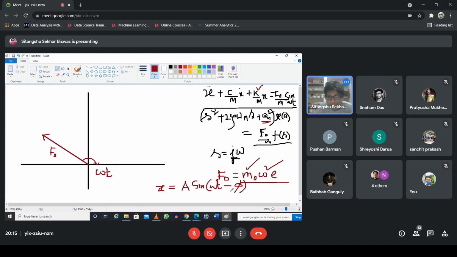As here you see the forcing function sine omega t has no phase, that means the phase is 0, and here it is minus phi. So the force developed due to the spring, which is nothing but kx, will lag by phi. It's very simple. So this angle will be phi. And this is your kx.